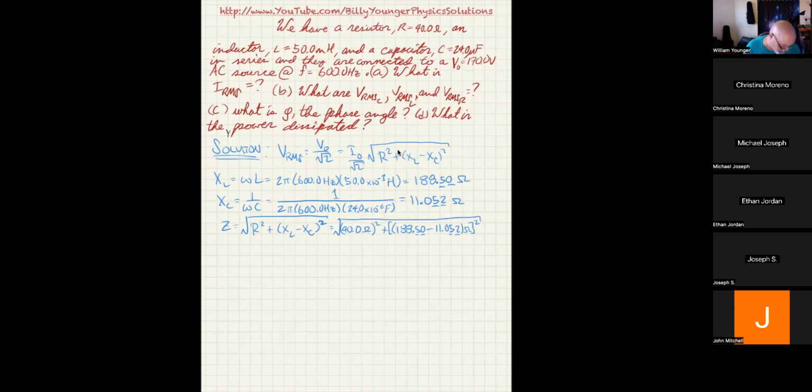So we'll start off with 188.50 minus 11.052. Obviously, I only am good to 1 decimal place on that second thing, and I'm only good to 0 decimal places on that first thing. So 177.448 should really be rounded to 177, according to the sig fig rules.